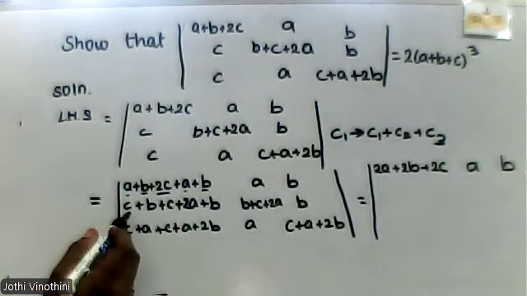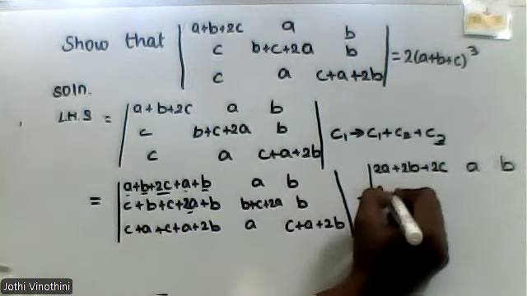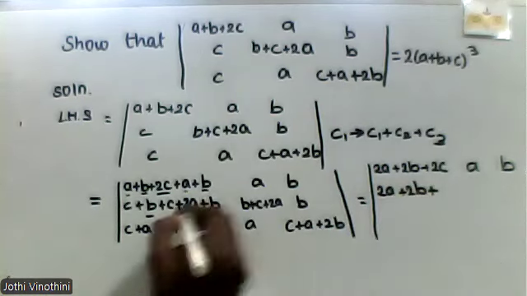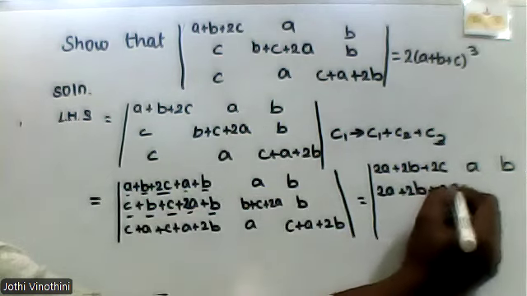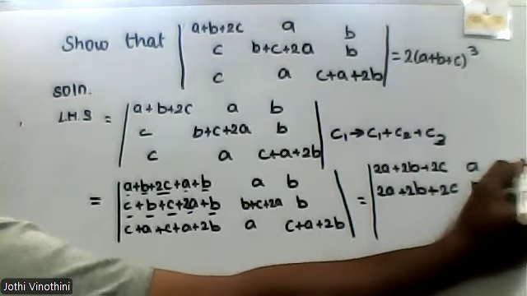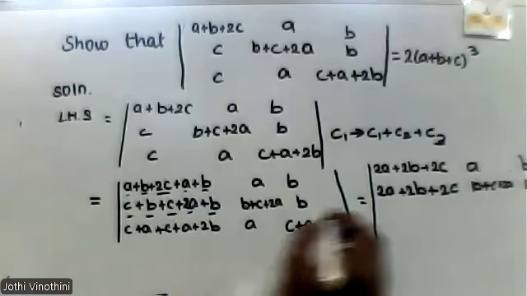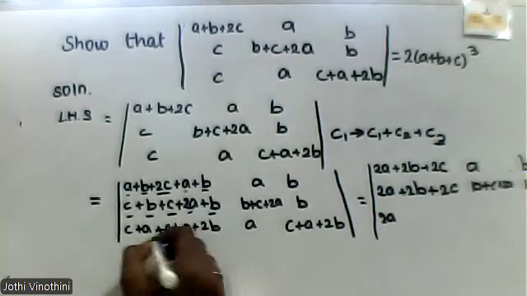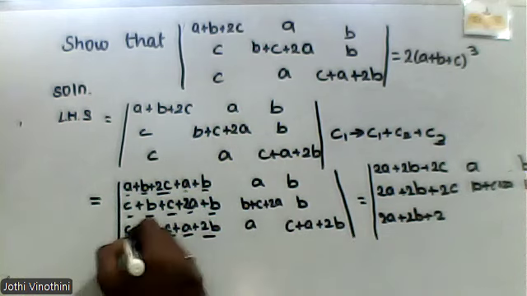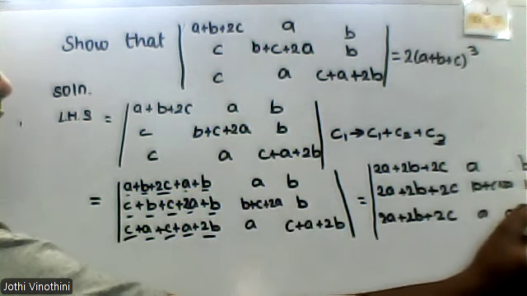When we check row 2, here 2a, plus 2b, plus 2c. The remaining two elements remain the same. Then 2a plus a, 2a, and here 2b plus 2c, here a, and here c plus a plus 2b.